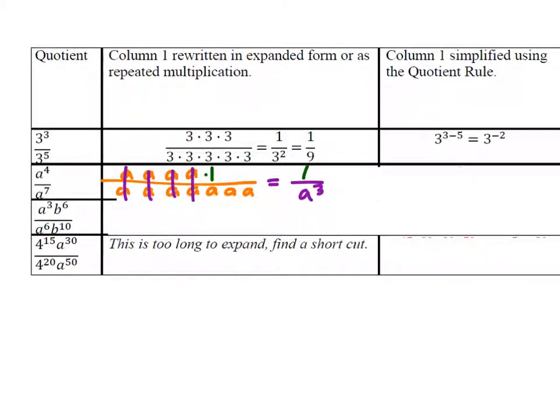Part of the problem with this, though, is that if we use the rule, then we would have had a to the power of 4 minus 7, which is a to the power of negative 3. Now notice that it's the same math, we just did it differently, and the answer is shown differently. That's just so that we can see that a to the power of negative 3 is the same as 1 over a to the power of 3.